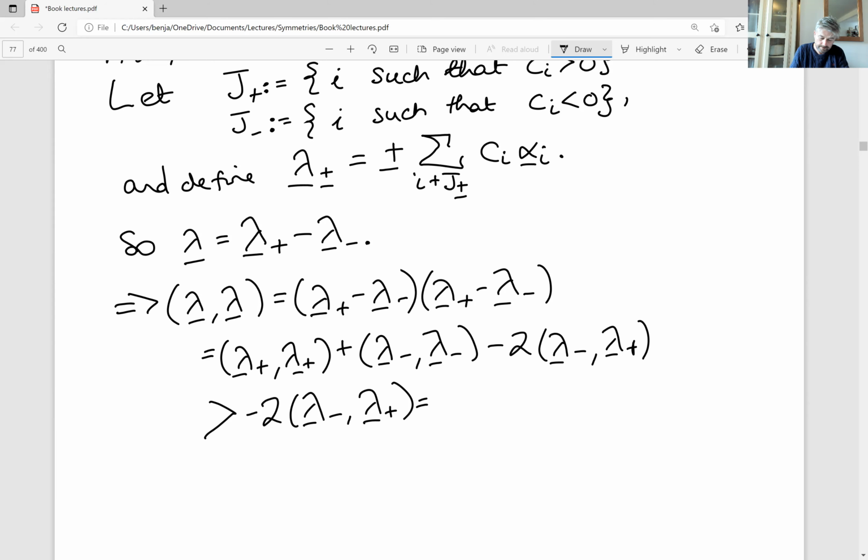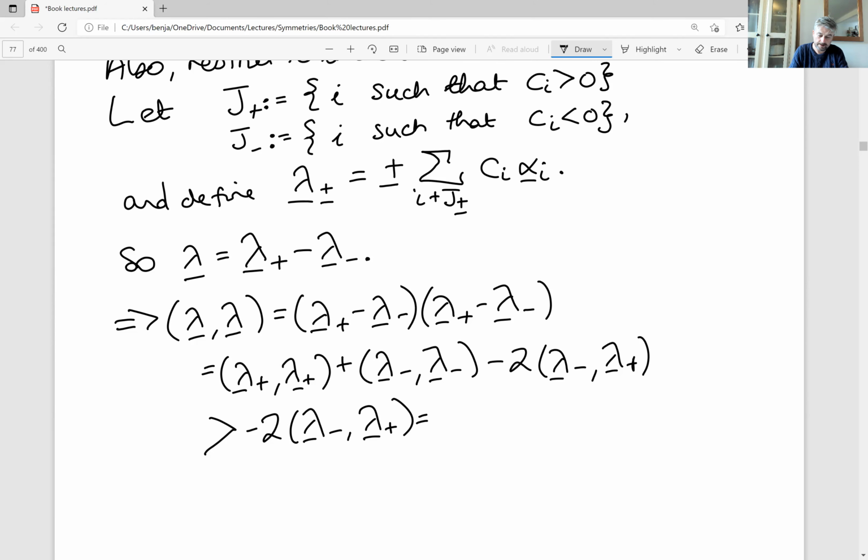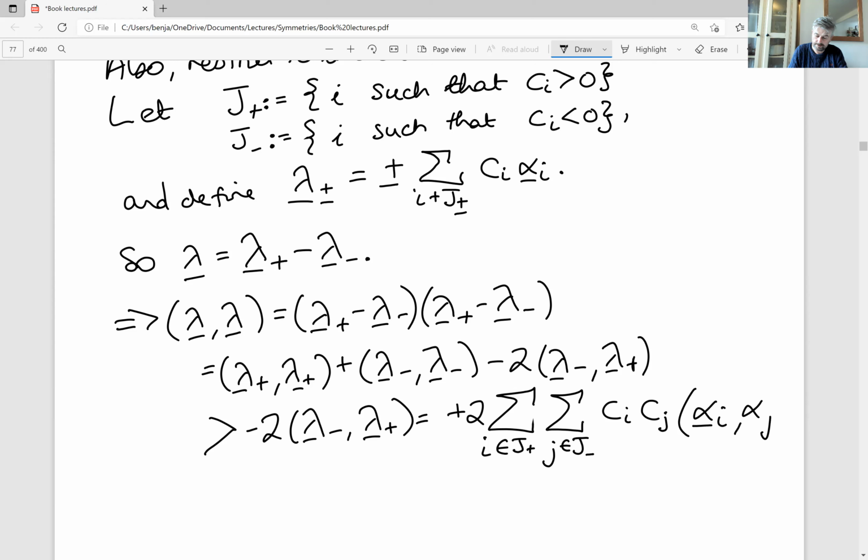If I write this down again, I just substitute back in for lambda plus and minus, and you know what this inner product is defined to be. We get plus 2 sum over i in J plus, sum over j in J minus, c_i c_j (alpha_i, alpha_j).